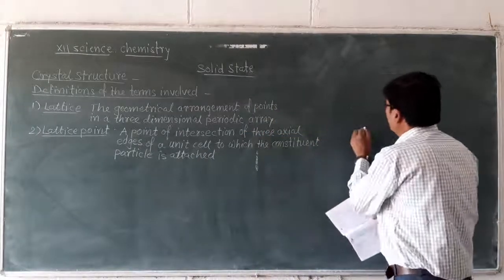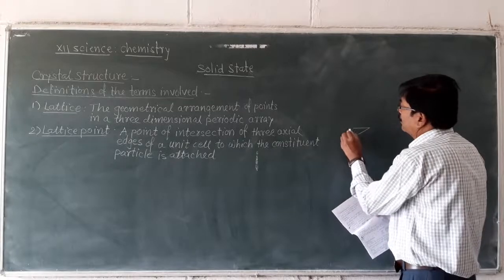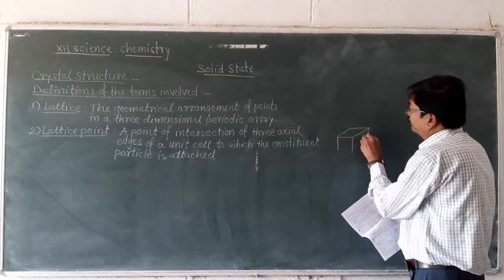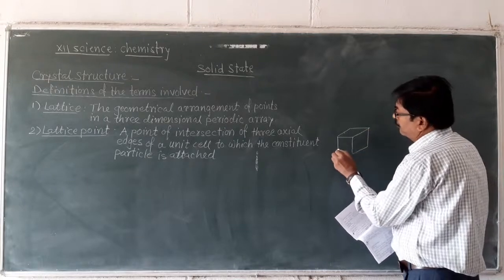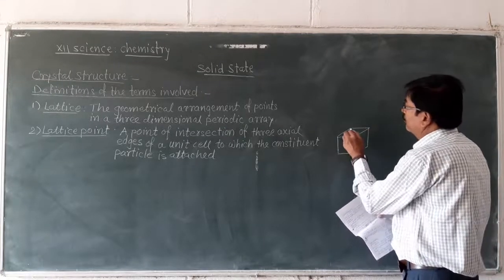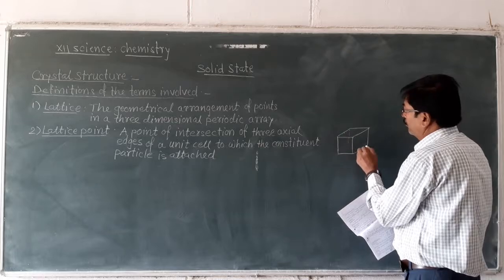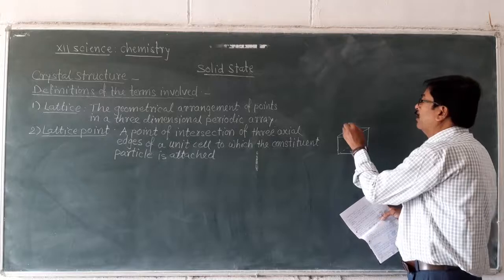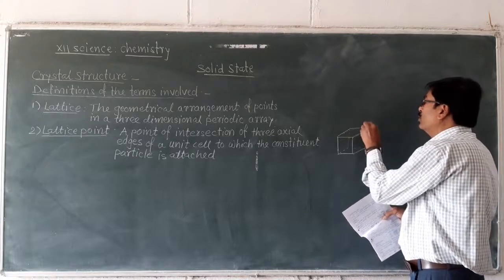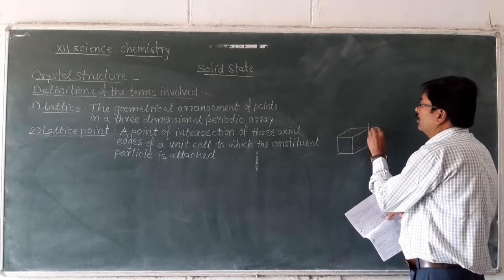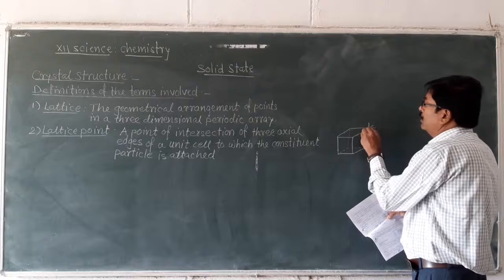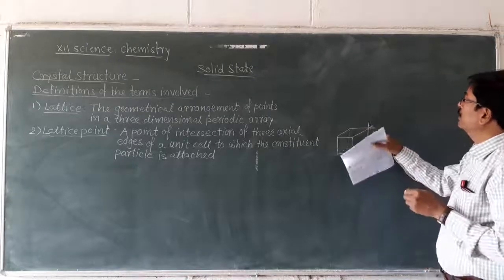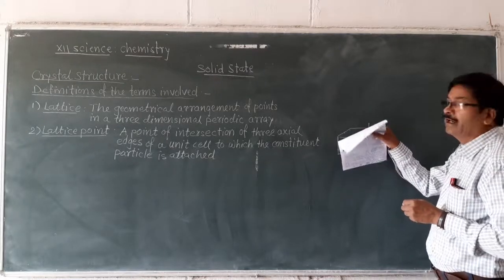Say for example, this is a unit cell. Suppose these are axes, x axis, y axis and z axis.